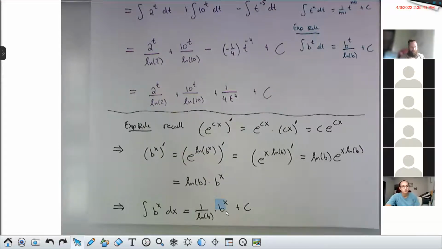Right? Because if you were to differentiate the right-hand side, c differentiates to 0, b to the x differentiates to ln b times b to the x. So this piece would become ln b times b to the x. And the ln of b would cancel with the 1 over ln b here, giving you b to the x as desired.